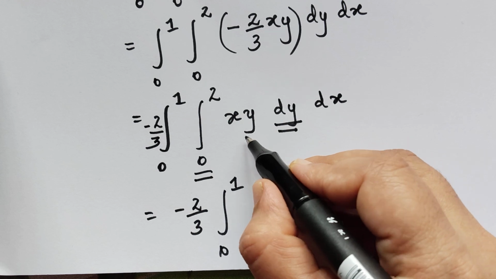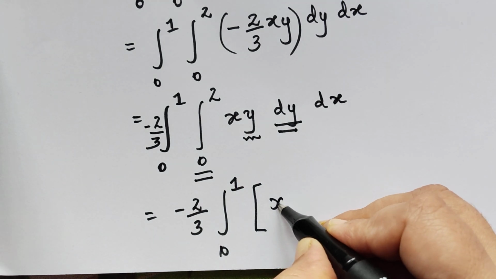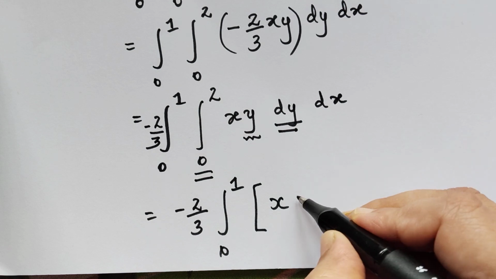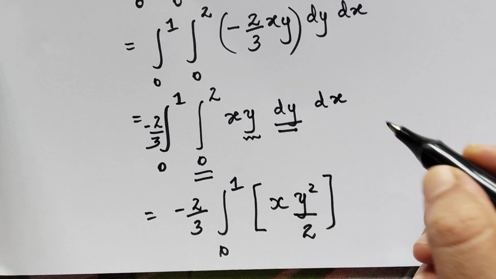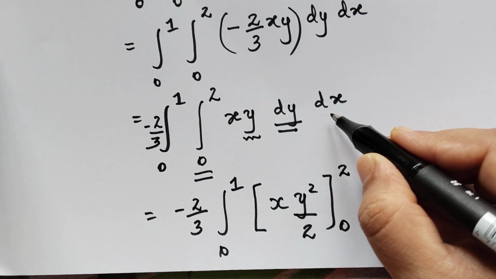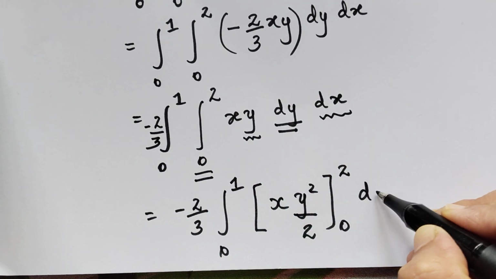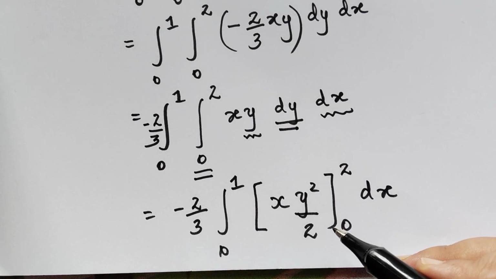On integration, what is the integration for y? x will be treated as constant, so it will come as it is. The integration for y is y squared divided by 2. And this is between the limits 0 to 2, and we have to write the remaining, that is dx. Now we have to apply the upper limit minus the lower limit.